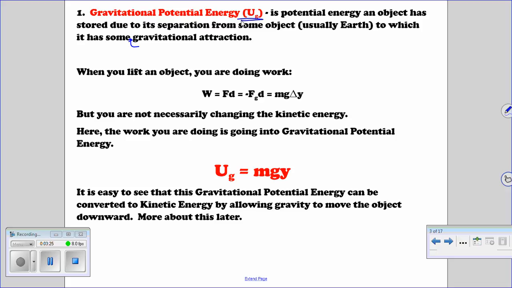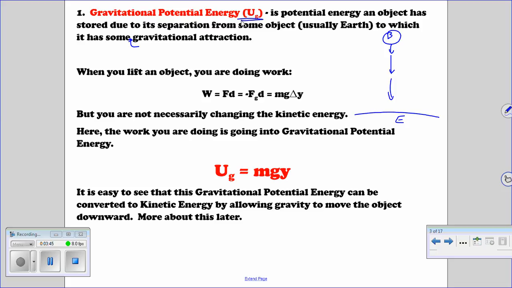So the idea is this. Check it out, here's the Earth, and you've got a ball up here. Because the ball is separated from the Earth, if we release the ball, it'll move down and go faster and faster and faster, and gain kinetic energy.